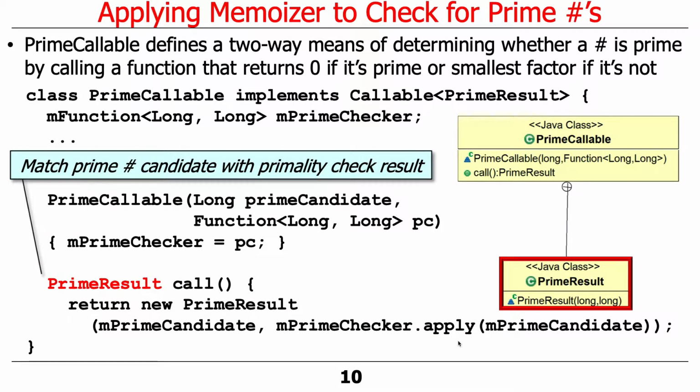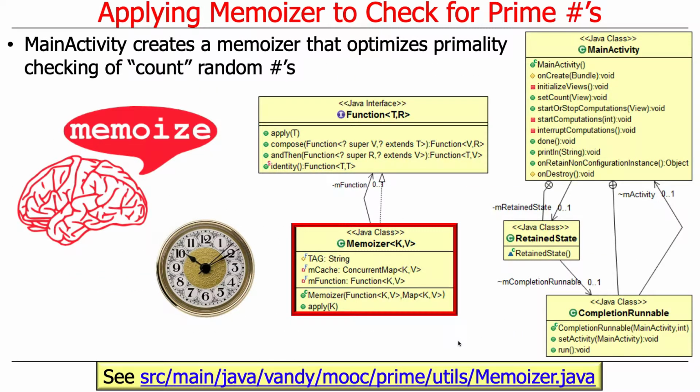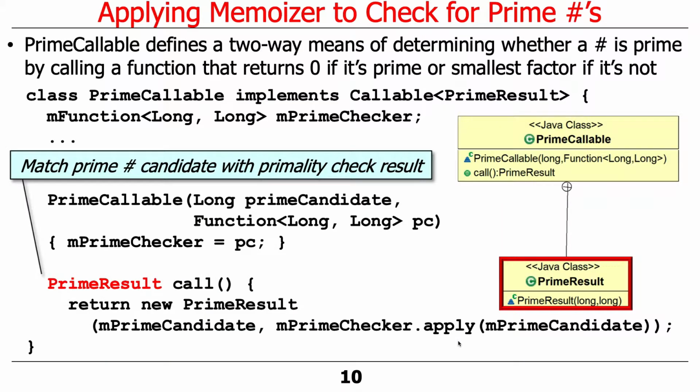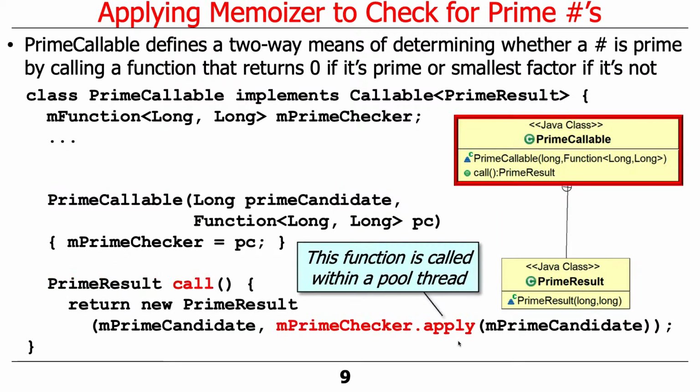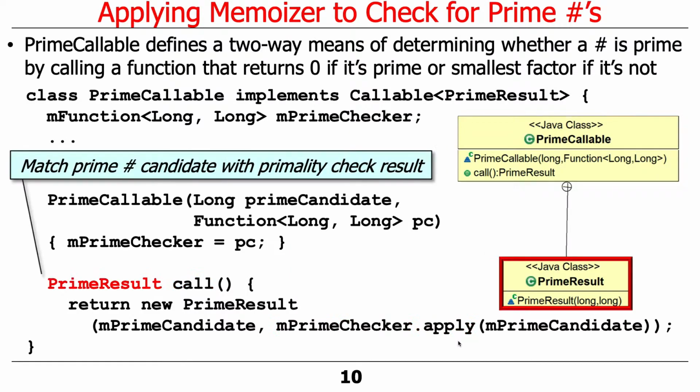And then the result that comes back here will indicate what happened. Did that prime number candidate actually end up being a prime number or not? Okay, so that's more or less what we had before. It's not identical because we have a function this time, so that's a little different. And that function calls whatever function is passed in as a parameter. But otherwise, the logic is very similar.